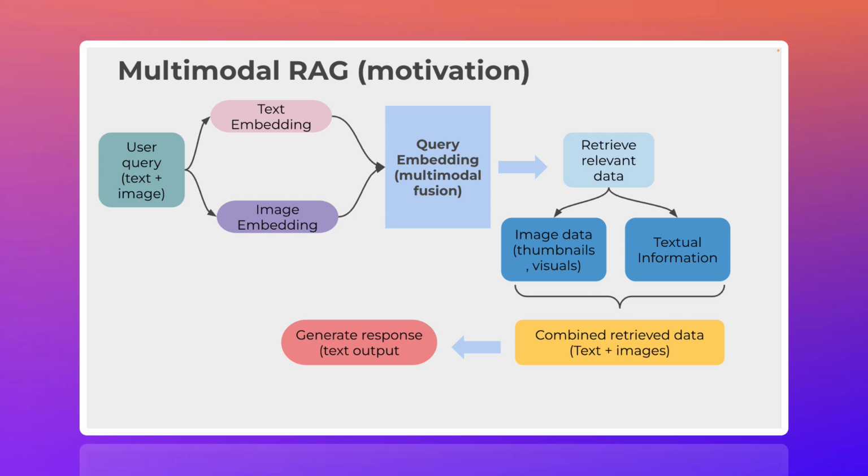The beauty of multimodal RAG is that it extends the standard RAG framework as we know it. It does that by retrieving and generating information across multiple data modalities: text, images, video, audio, etc. This is essential because many real-world tasks involve more than just textual data.